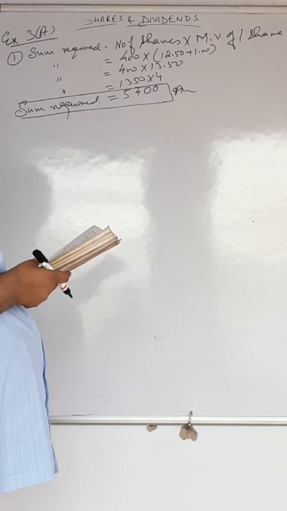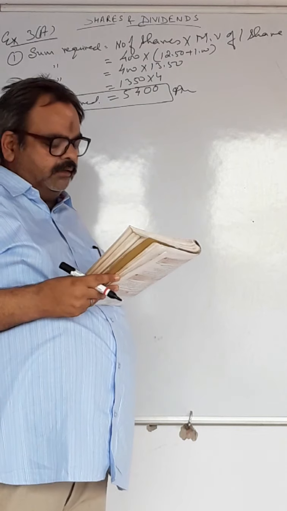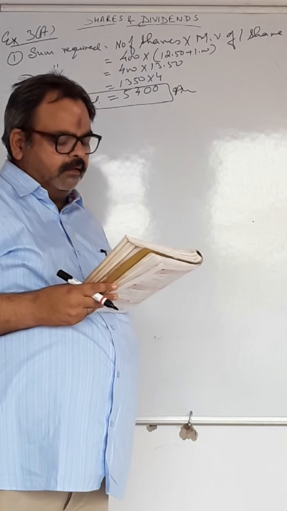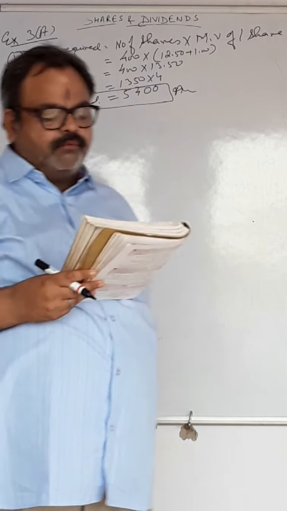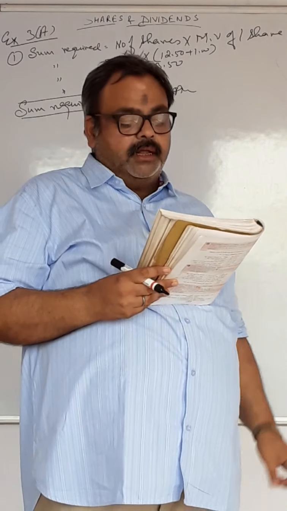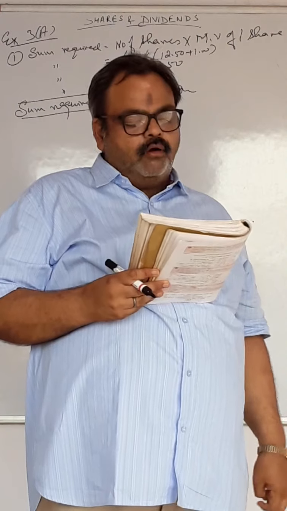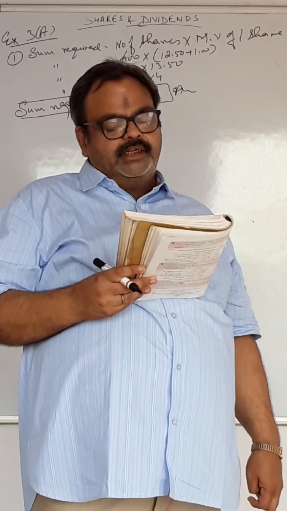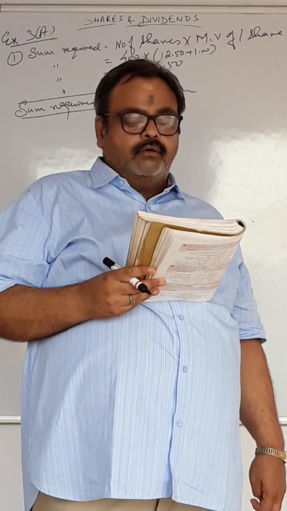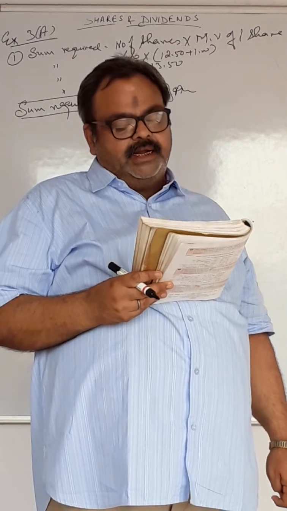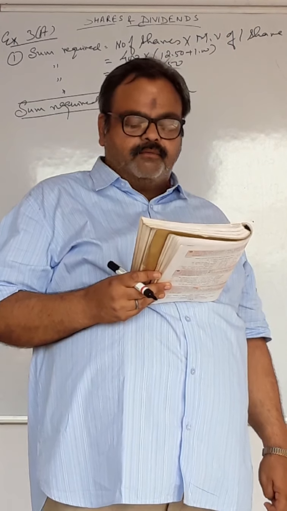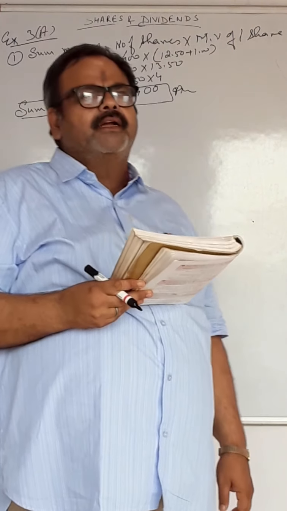Now, question number 3. A person buys 120 shares at nominal value, means from the company, of 40 each. If he sells at 42 rupees 50 paisa each, find his profit and profit percent. Simple it is.